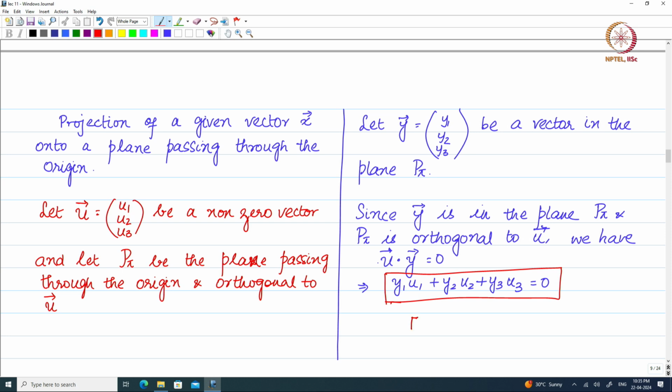So, this is basically the equation of the plane p pi.